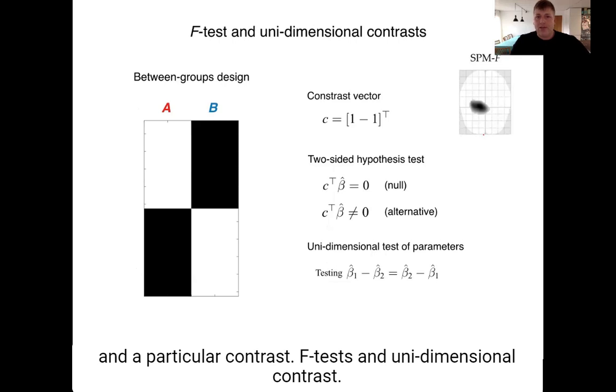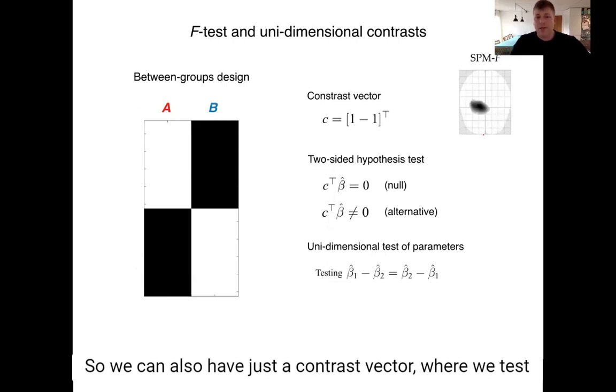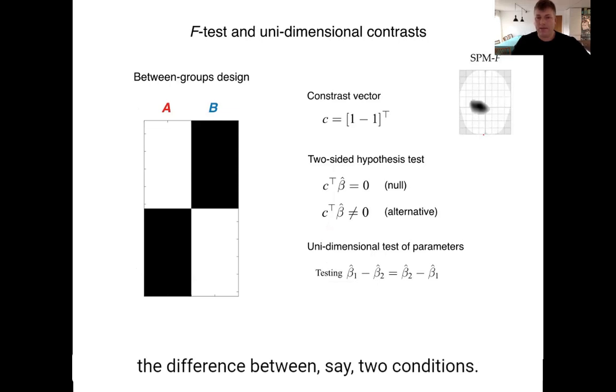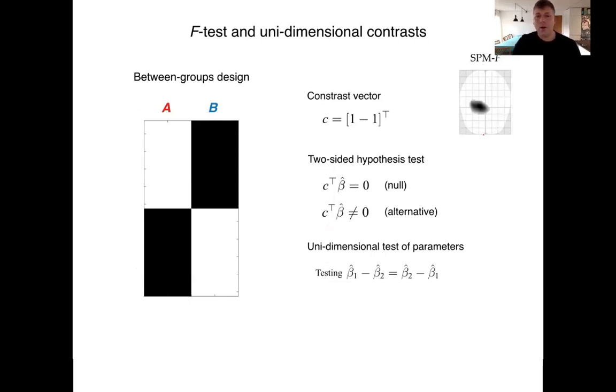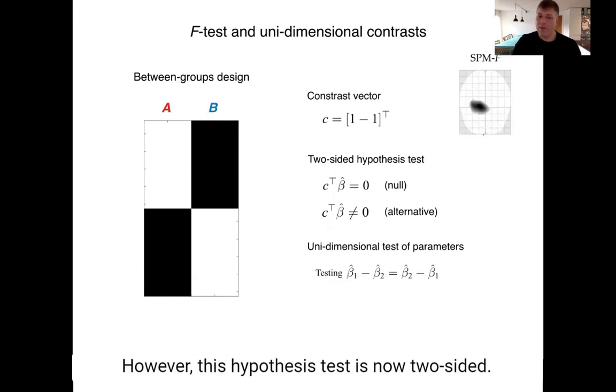So F-tests and unidimensional contrasts. So we can also have just a contrast vector where we test the difference between, say, 2 conditions. Again, this could be patients versus controls. However, this hypothesis test is now 2-sided.